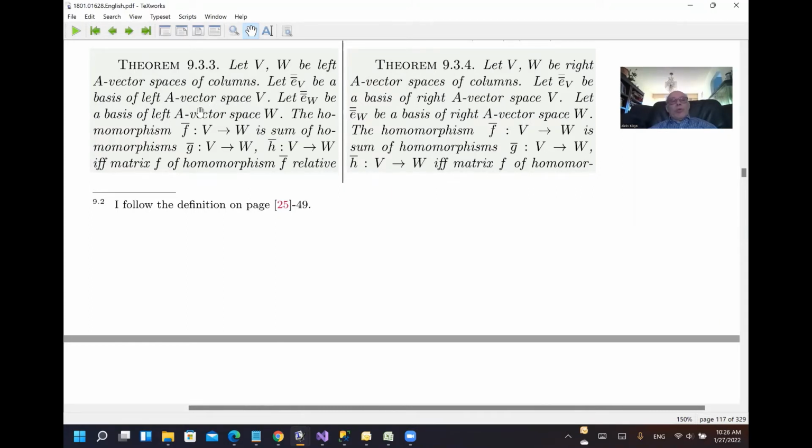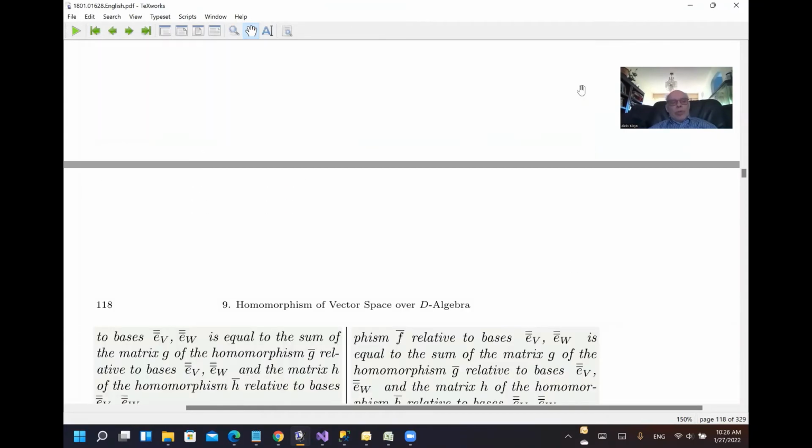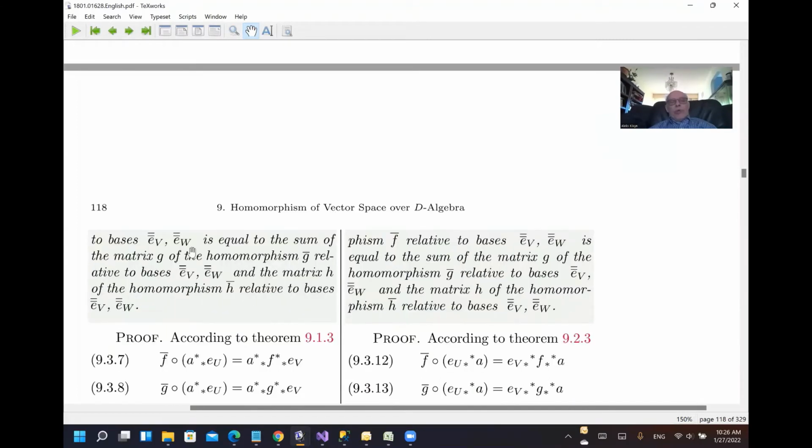Let EV be a basis of left A vector space V. Let EW be a basis of left A vector space W. The homomorphism F is the sum of homomorphisms G and H if and only if the matrix F of homomorphism F relative to basis EV, EW is equal to the sum of the matrix G of the homomorphism G relative to the basis EV, EW, and the matrix H of the homomorphism H related to basis EV, EW.